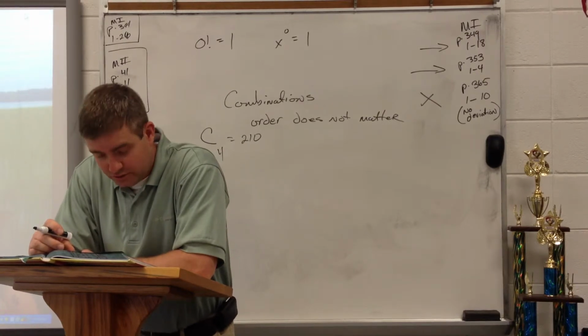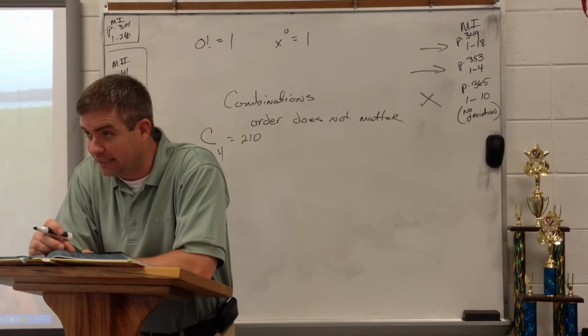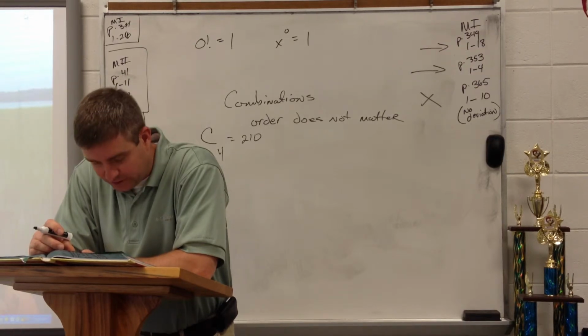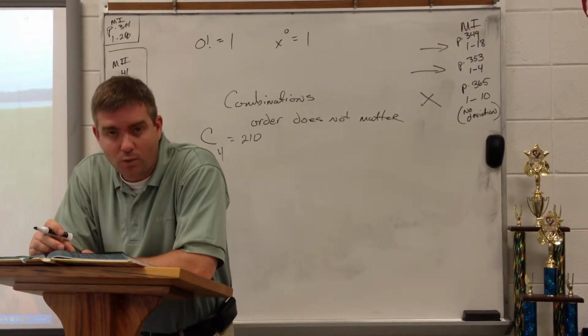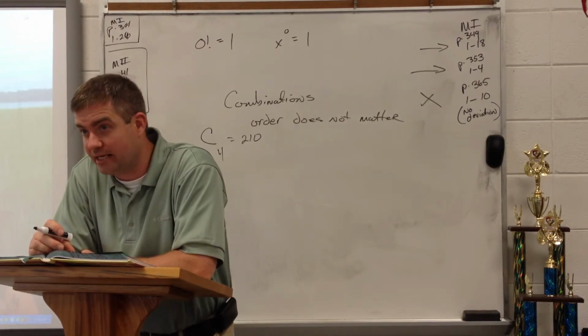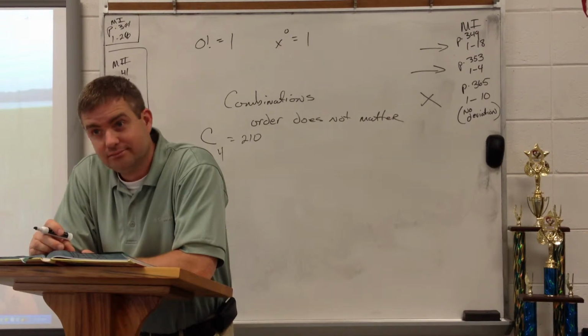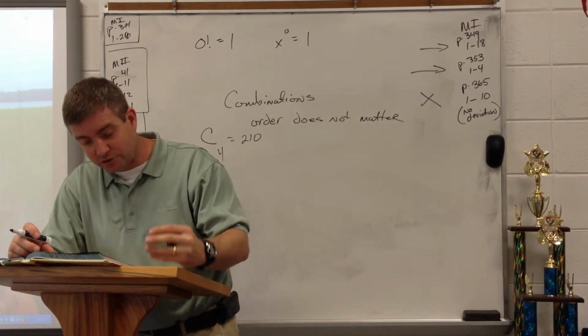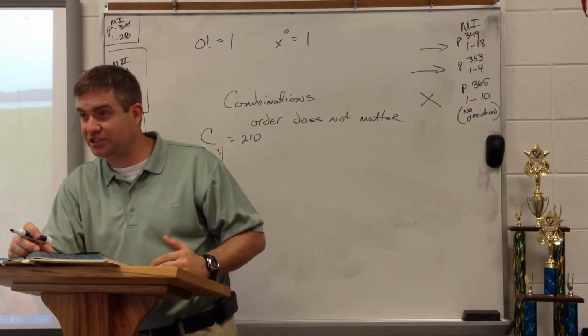11 students are trying out for 5 different positions in the school band. How many ways can the 5 positions be filled? Would that be a permutation or a combination? That's a permutation, right? You've got 11 students trying out for 5 different positions.